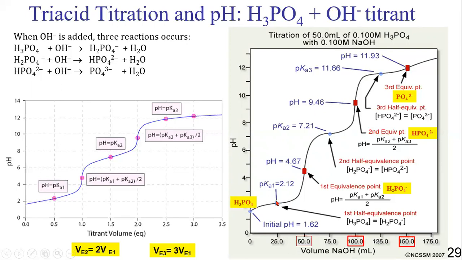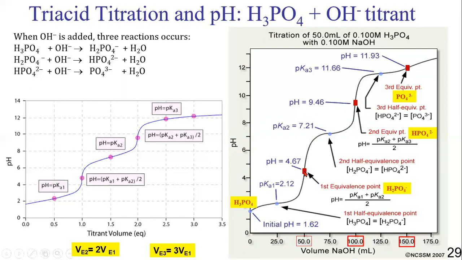Of course, as we add more base, the H3PO4 will be converted to more H2PO4 minus, up until all of my original H3PO4 moles become H2PO4 minus at the first equivalence.